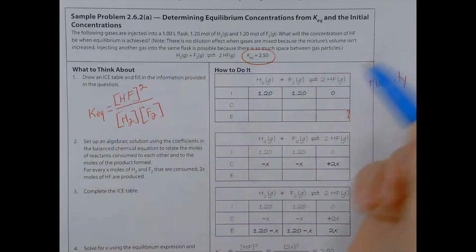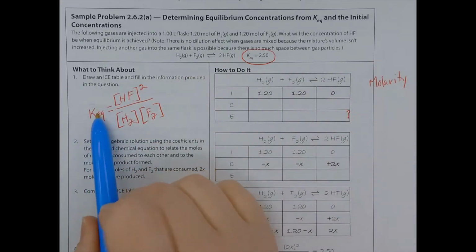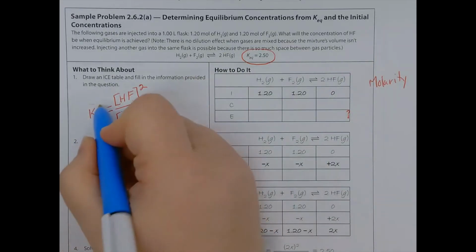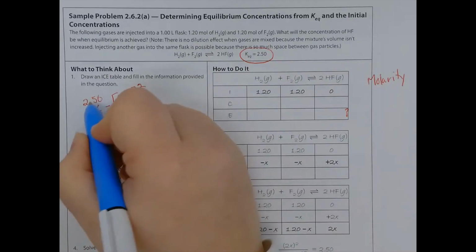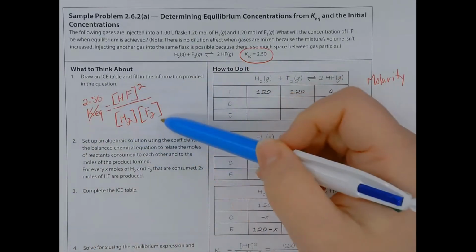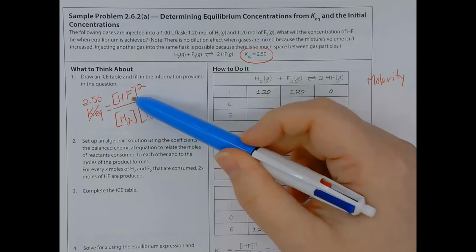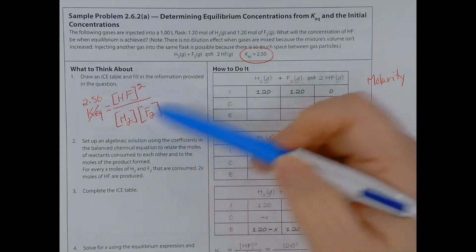So we know that this value on the left side is 2.50, and we could replace that with 2.50. What we don't know is what these values are, and specifically HF. So we want to use that information to help us out.